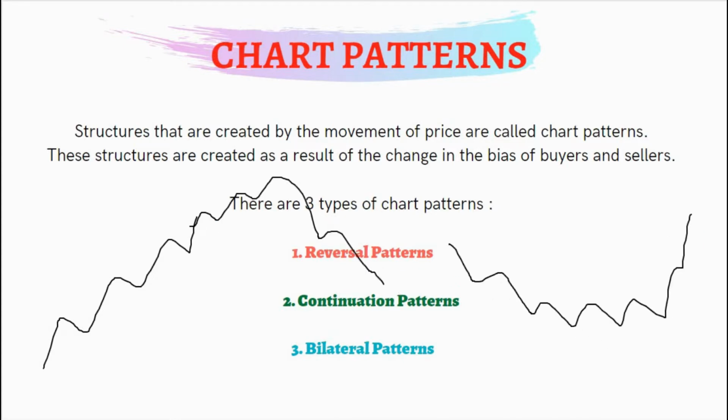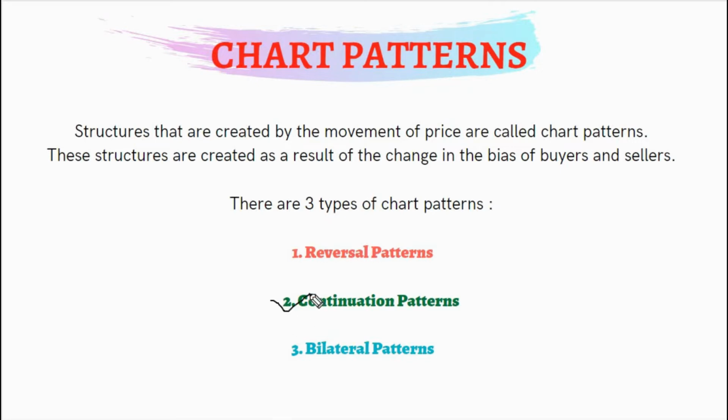Okay, then the next one is continuation pattern. What are continuation patterns? See, continuation patterns are those patterns which continue in the particular direction of a trend. Such kind of patterns are formed when, suppose an uptrend is going on in the market.